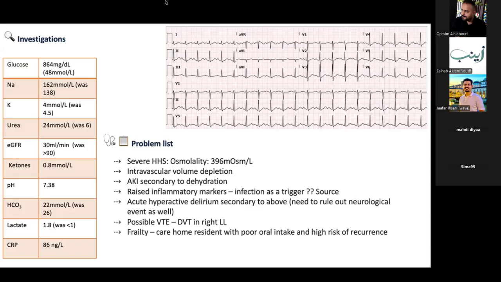What's obvious, as you said, is possibly cellulitis, but that doesn't mean we don't take blood cultures and urine cultures, and if she has any skin lesion, we need to swab it. There's a possibility of DVT in the right lower limb, and she is a frail care home resident with a background of poor oral intake and high risk of recurrence.